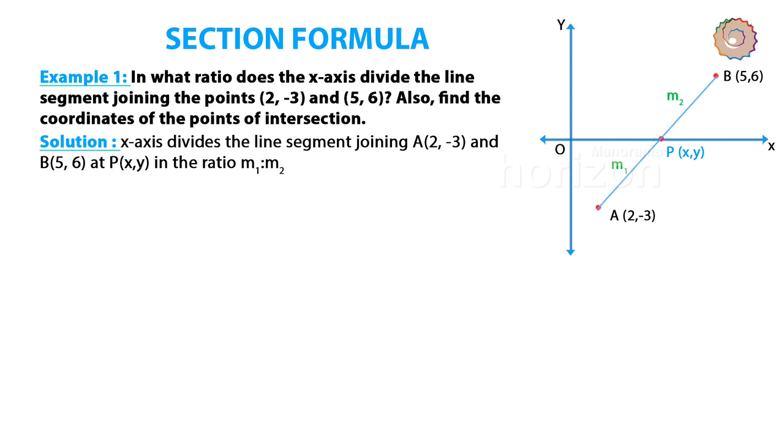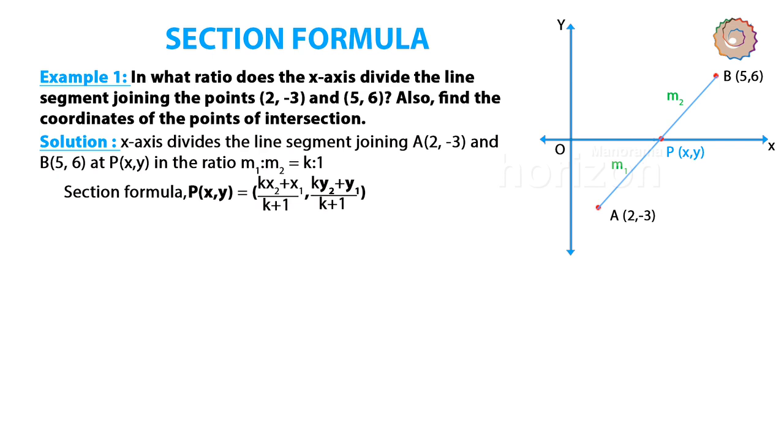For our convenience, let's consider the ratio m1 is to m2 as k is to 1. So, we just need to find the value of k, which may be in fraction form and can be considered as the ratio. Then the section formula is P(x, y) equals ((k x2 plus x1) divided by (k plus 1), (k y2 plus y1) divided by (k plus 1)).